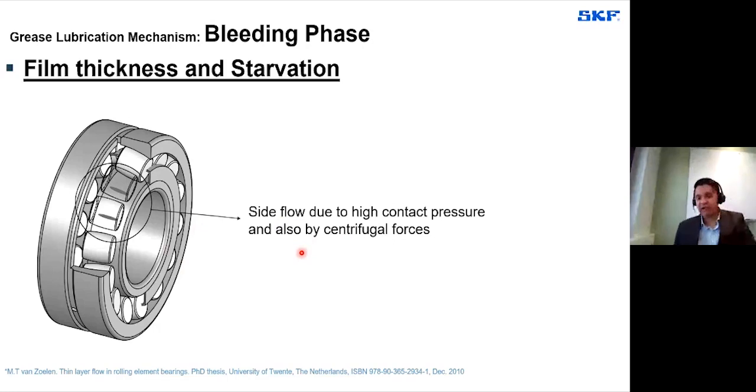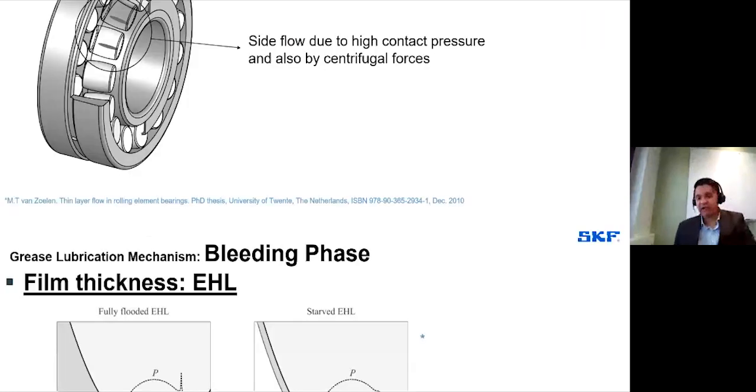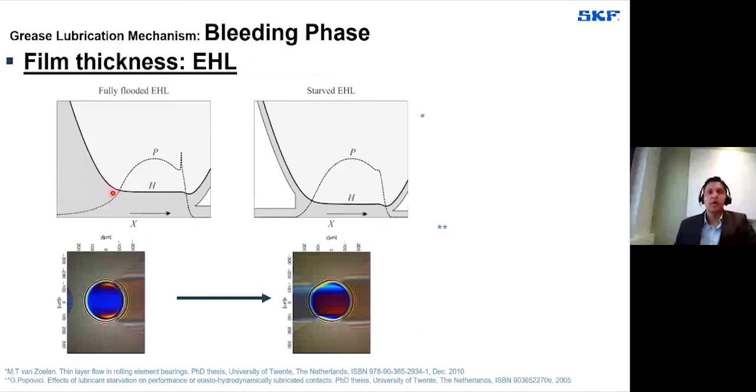So in this slide, particularly in this picture on the left hand side, you have enough lubricant supply in the contact. So that means the pressure buildup starts relatively far upstream with a near zero pressure gradient.